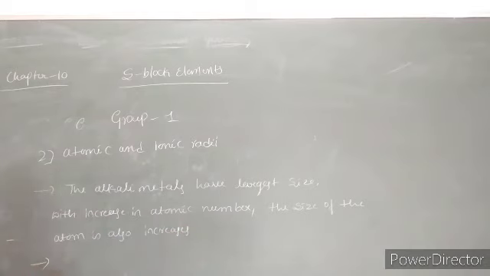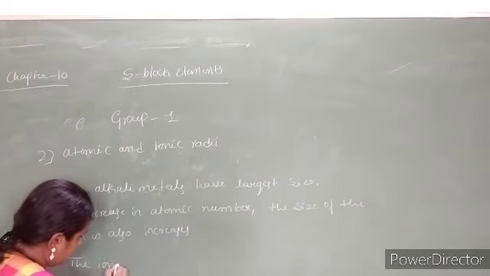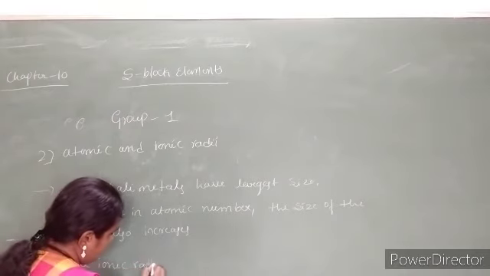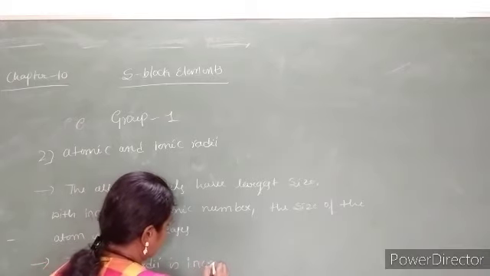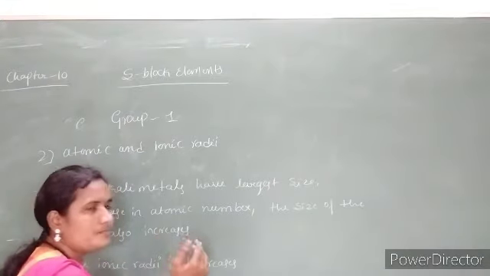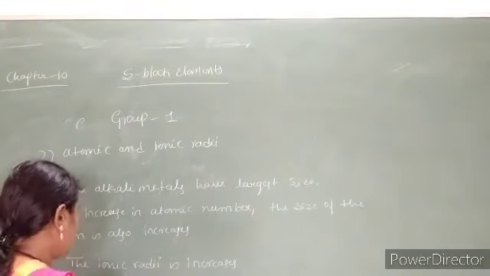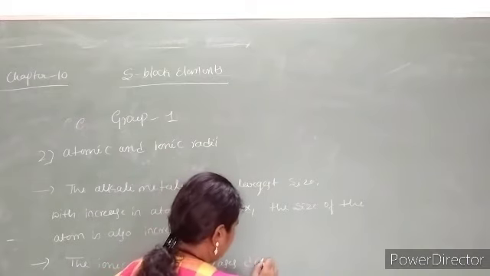And ionic radii: the monovalent ions are smaller than the parent atom, and the ionic radii increase from lithium to francium, that is, down the group. The ionic radii increase down the group.